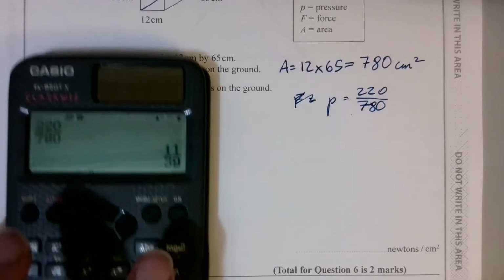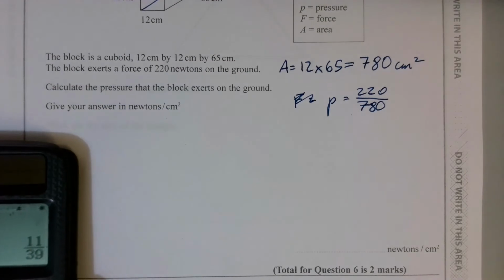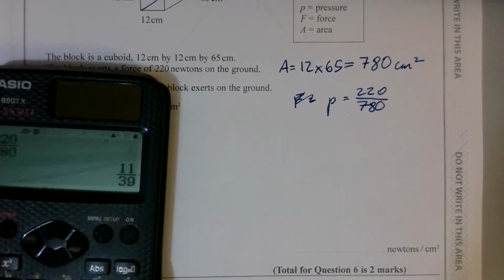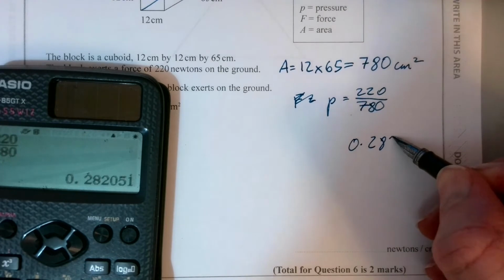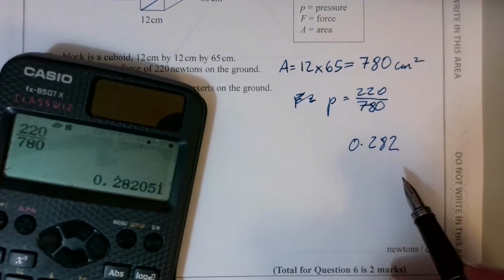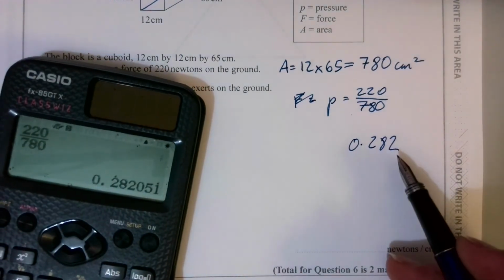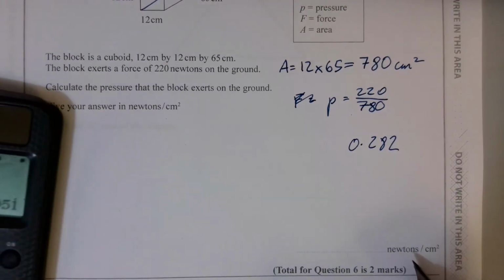Press equals, it says 11 over 39, so turn it to 0.282. It doesn't say exactly how many decimal places it wants you to leave it to.